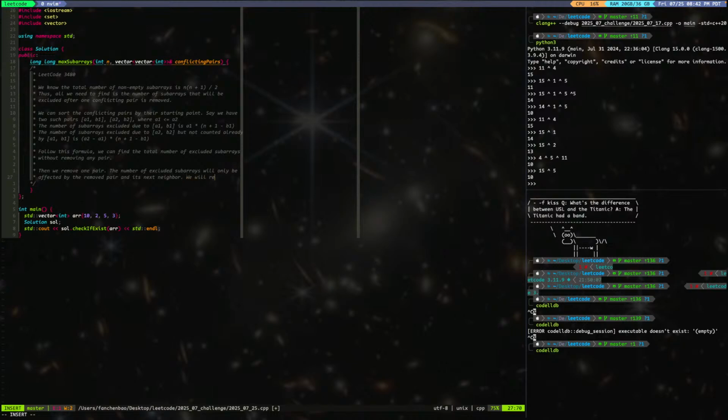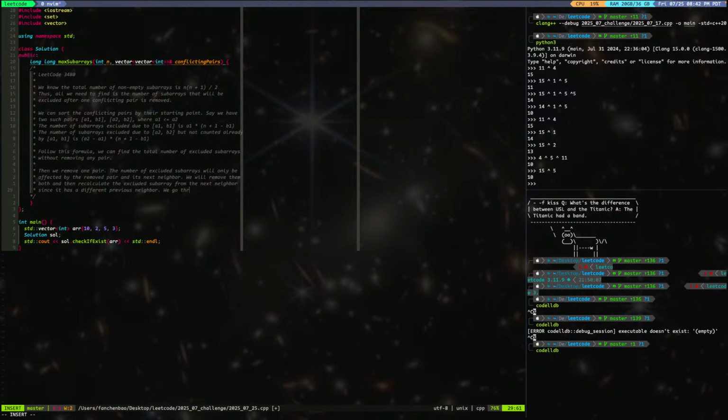We will remove them both, right? And then recalculate the excluded subarrays from the next neighbor, since it has a different previous neighbor. Right? A different previous neighbor.